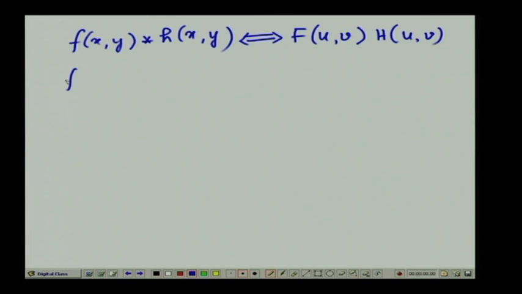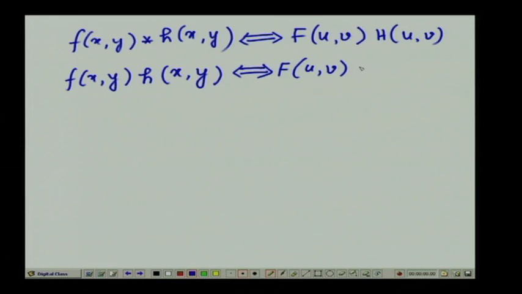Similarly, if we multiply 2 functions f x y and h x y in the spatial domain, the corresponding operation in the frequency domain is the convolution of the Fourier transforms, F u v convolved with H u v. So, these are the convolution theorems that we have done during our previous discussions.